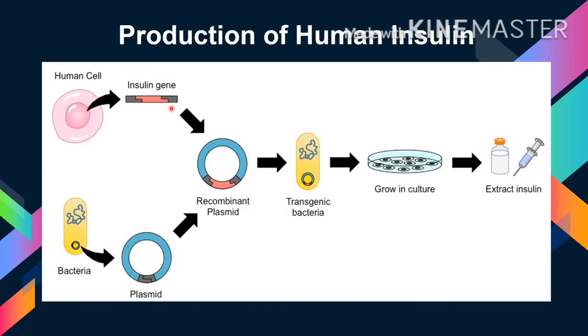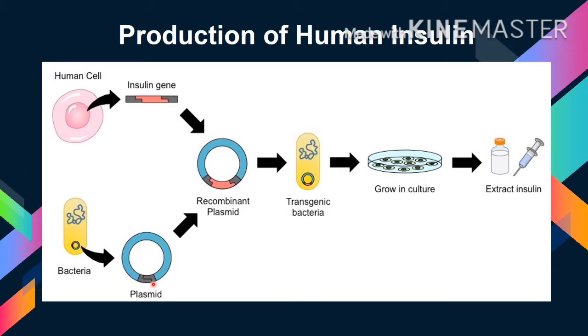And then we also will extract out the plasmid from a bacteria, and we will cut across both strands of the plasmid using the same restriction enzyme that we used to cut the insulin gene. That means we are using the same restriction enzyme to cut the insulin gene and also to cut the plasmid.